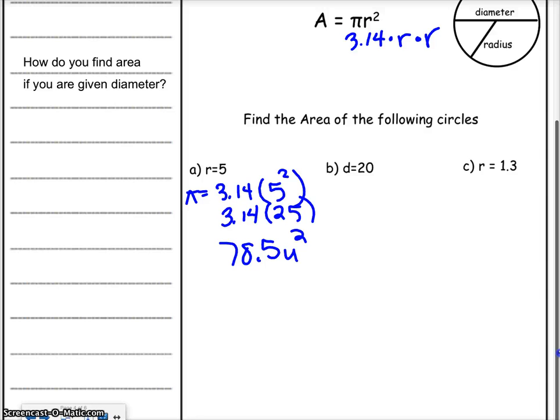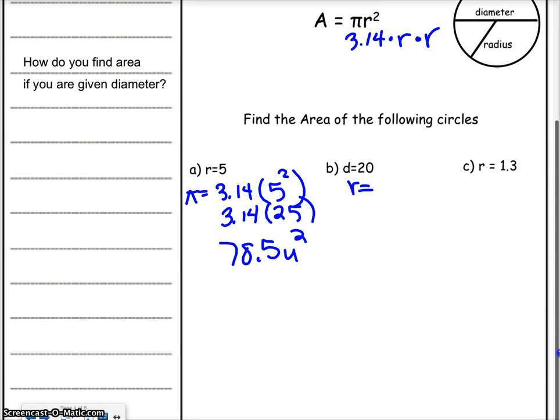Okay, next one is diameter. You can't just use diameter. That's the biggest 7th grade mistake. Area formula is only radius. You can't go 20 squared times 3.14. It has to be radius. So when I'm given diameter, I say, okay, radius then is what?